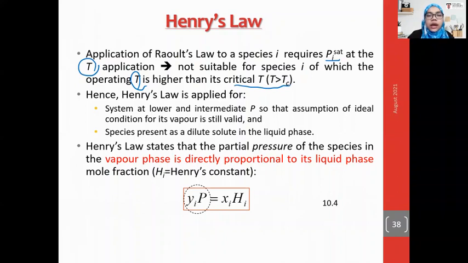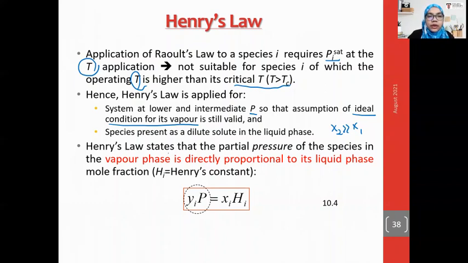Hence Henry's law is applied for systems at low and intermediate pressure. So the assumption of ideal condition of the vapor and liquid is still valid, and the species represents a dilute solute in the liquid phase. That means maybe we have the dilute species 1 here compared to species 2.